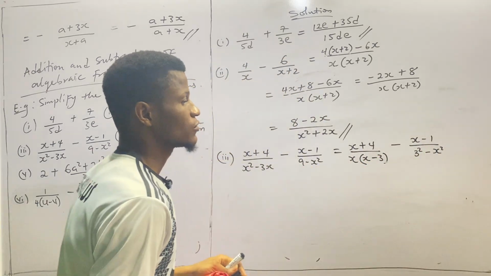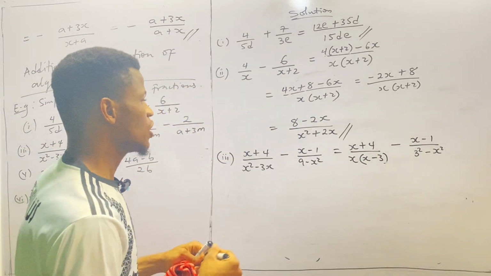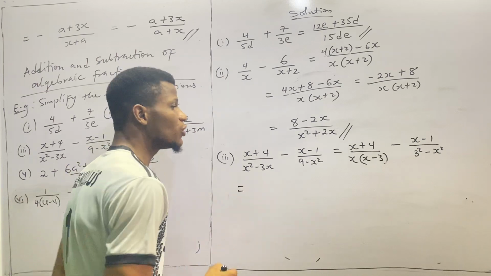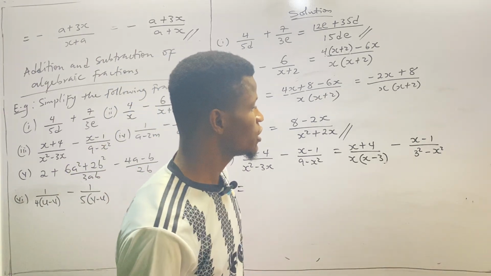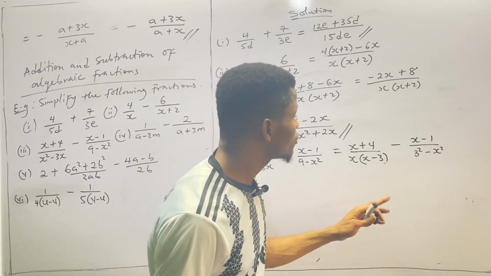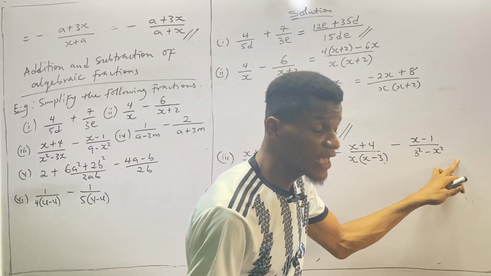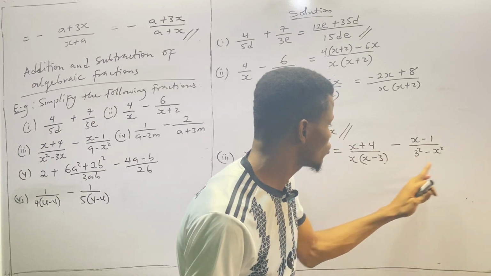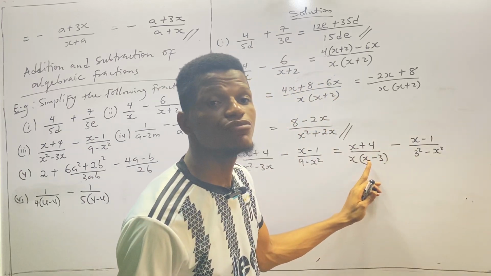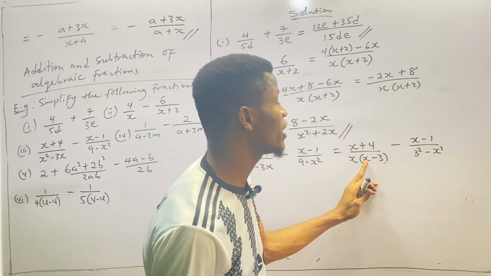All right. Okay. So this will be equal to, now if you look at this point, let's use common sense here. If we do this as difference of two squares, we have 3 plus x times 3 minus x. But meanwhile, instead of having 3 minus x, we have here x minus 3.